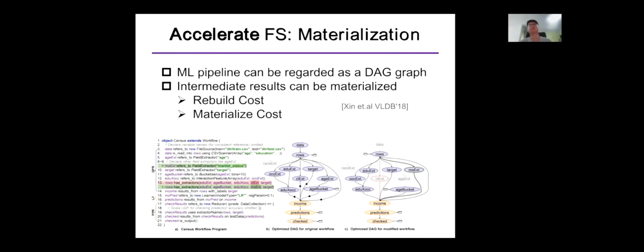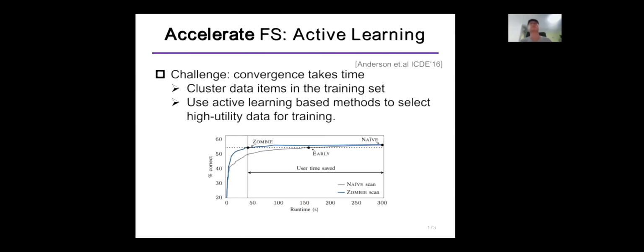So the intermediate results can be materialized, for example each bucket, so in the next iteration we do not have to rebuild this pipeline. It can also be solved by the materialization idea. It considers the rebuild cost and the materialization cost. This is a trade-off.